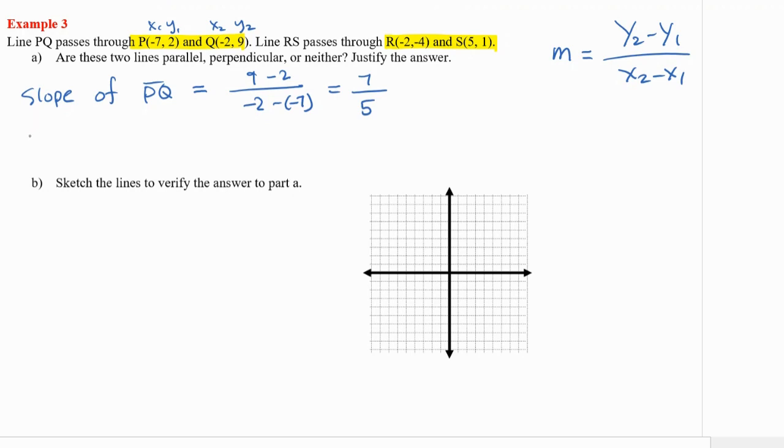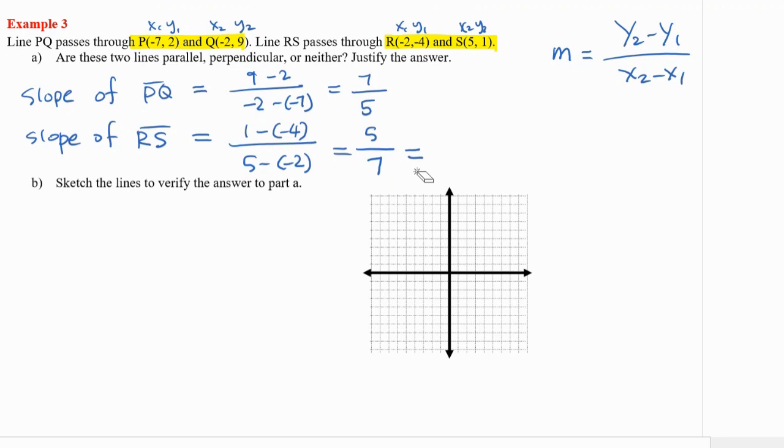Okay, and the slope of RS. x1, y1, x2, y2. Alright, 1 minus negative 4, that is 1 minus negative 4, minus minus becomes plus, so 5. Over 5 minus negative 2, that is 7.